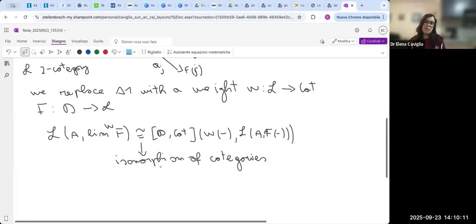We will have an assignment on objects, and this is the one-dimensional property of the two-limit. This is going to be similar to the usual universal properties of limits that we have in categories. But we also have an assignment on morphisms, and so on two-cells. And this is going to give a two-dimensional universal property of the two-limit. So every two-limit has a one-dimensional universal property and a two-dimensional one.